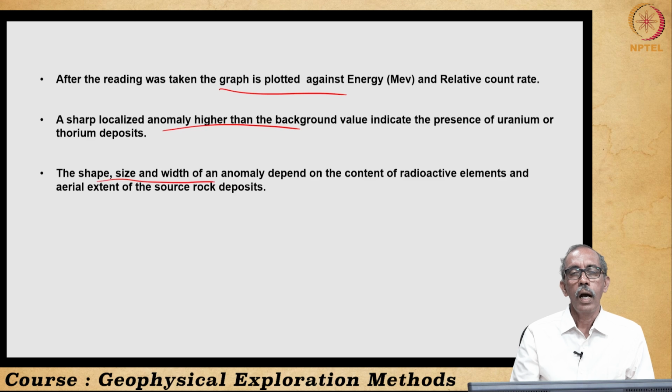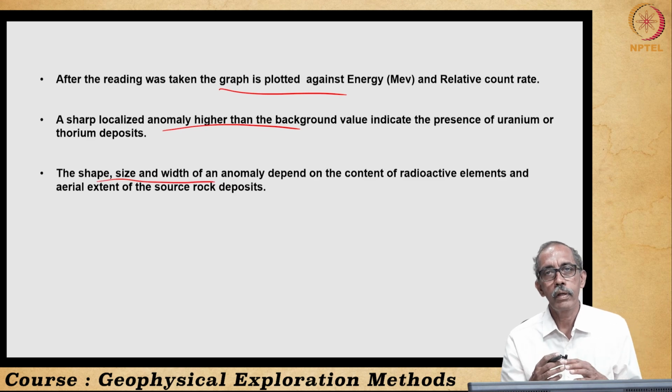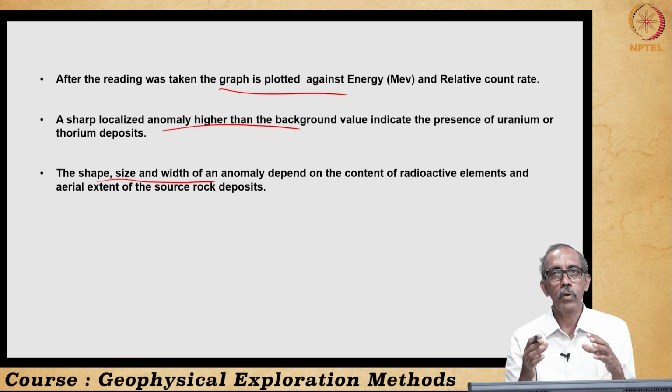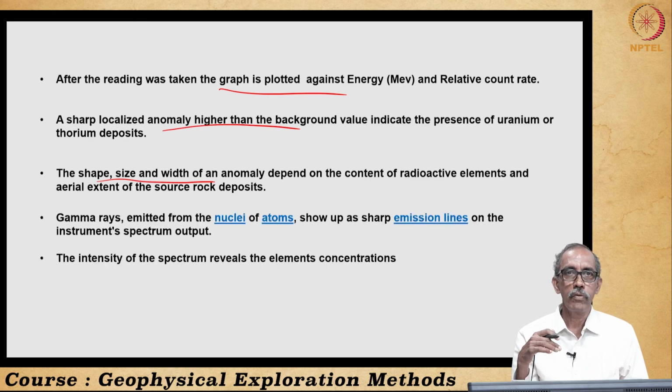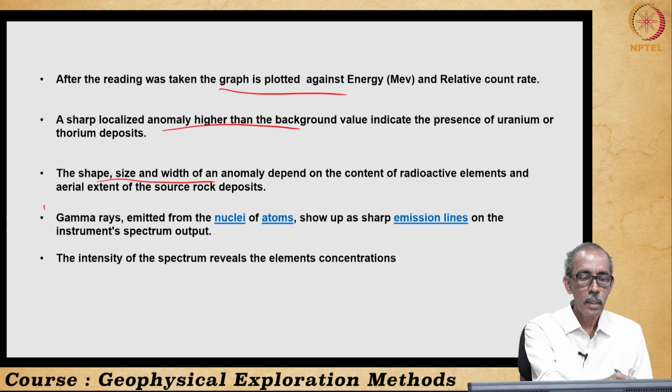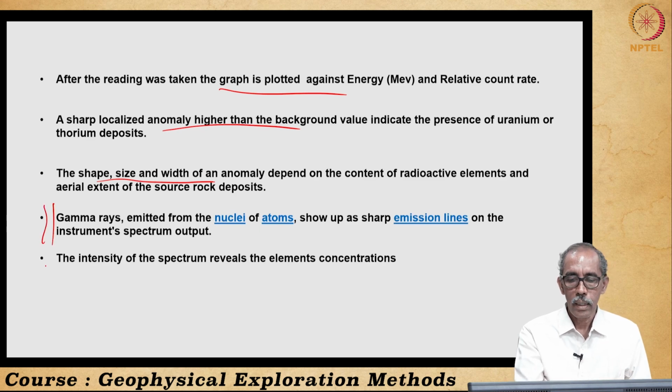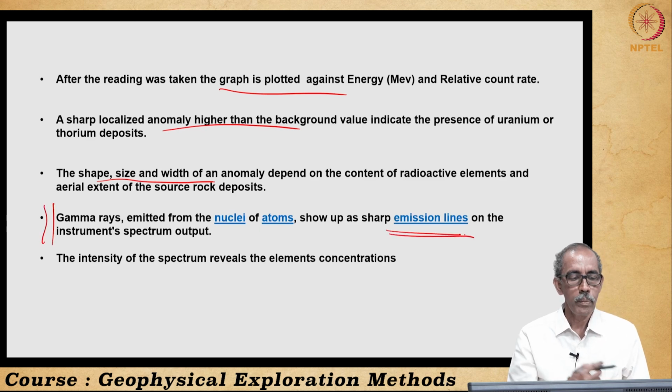If you have a high concentration, suppose you are taking a measurement over a uranium rich rock, obviously the anomaly will be much higher, and the shape and size of the ore body also affect the anomaly which we measure. Then gamma rays emitted show up as sharp emission lines on the spectrum output.